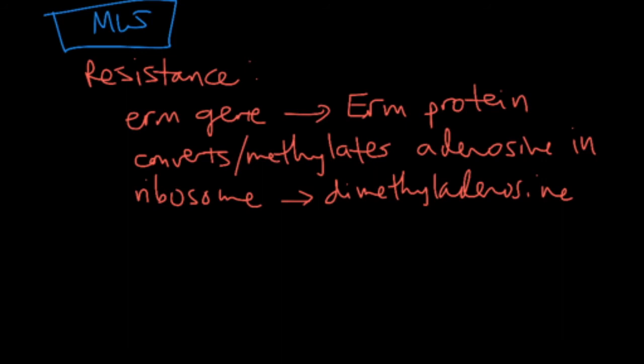So basically, the ERM protein methylates adenosine to produce dimethyladenosine. And what do you do if you add more blocking groups in a ribosome? You push the drugs out because there's less space for the drugs to fit because of the dimethyladenosine. The extra methyl groups push the drugs out of the 50S subunit and they can't act any longer.